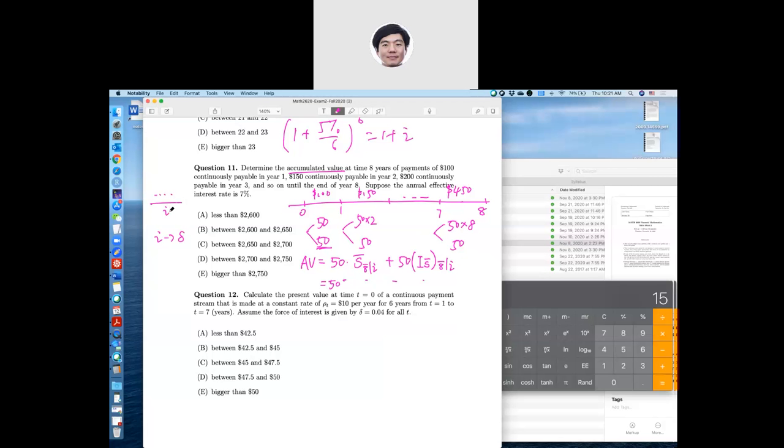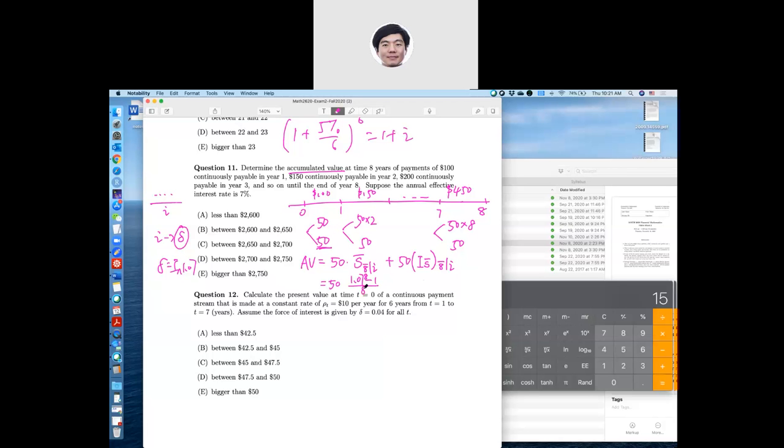Divided by i is annuity immediate. When you work with the continuous version, when you work with continuously payable, you divide by delta. Okay, what is delta? Delta here is log 1.07. So for instance, here would be 1.07^8 minus 1. Originally we divided by i, right? Now we divide by delta.